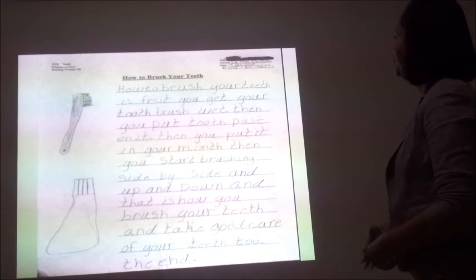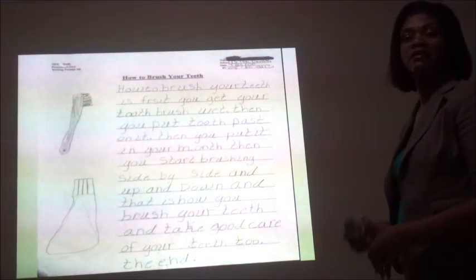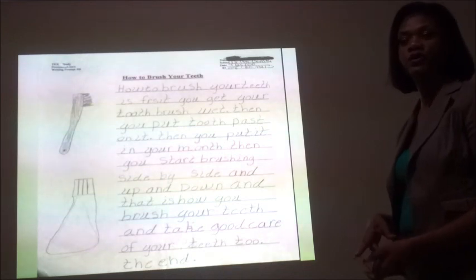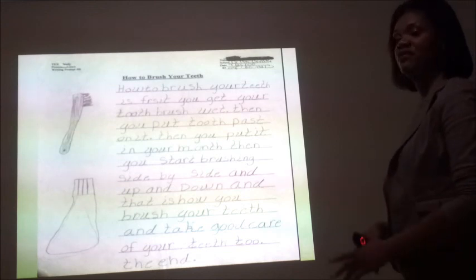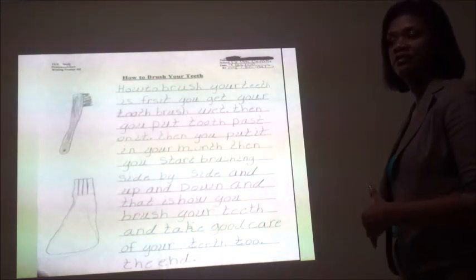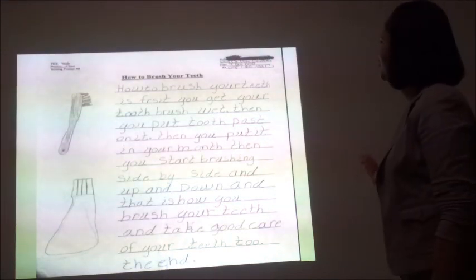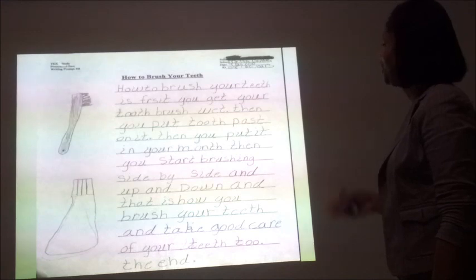At the fluent readers and writers stage, children are now able to write a different genre of writing, and it's called expository writing. Most of this type of writing is through facts and not opinions. Here you have an example of a child who's writing, showing the sequence for brushing his teeth.